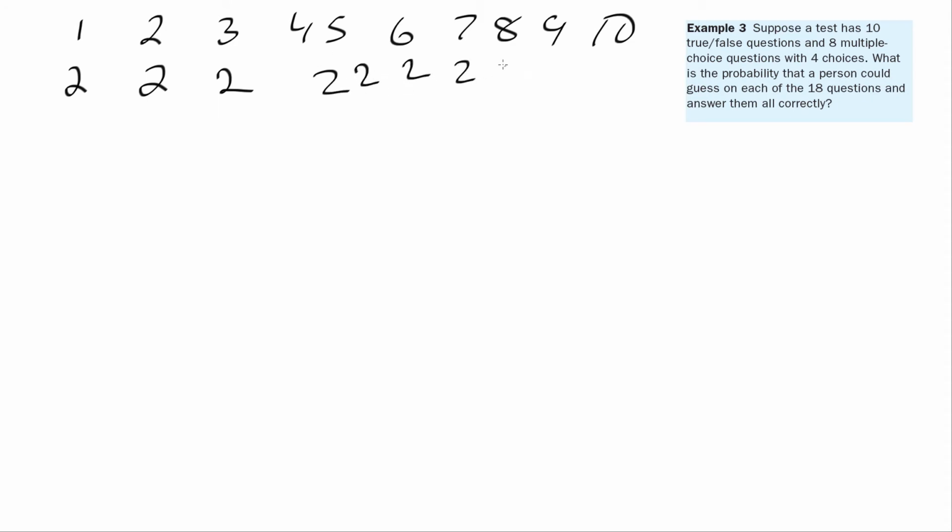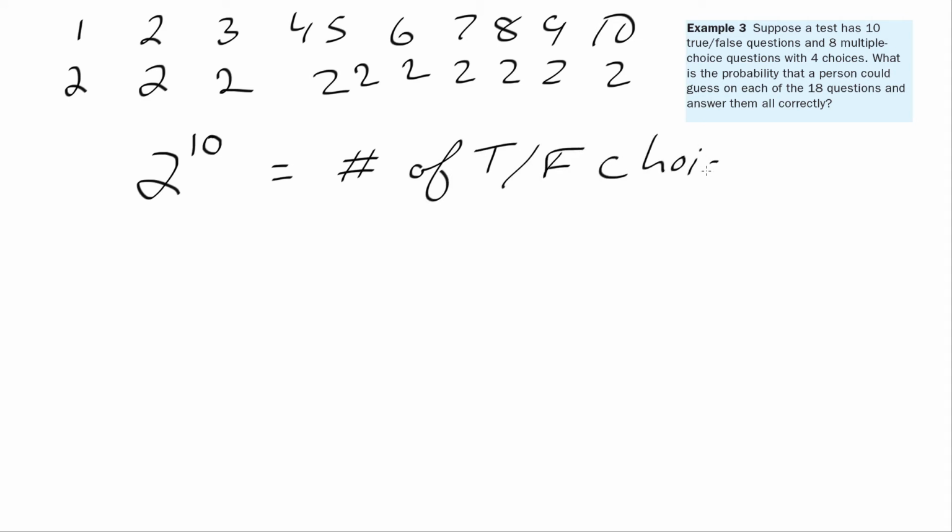So that's how many choices we have, and we count them up. There are 10, and that's going to be repeated multiplication. Repeated multiplication leads us to powers. However many times we repeat that multiplication is our power. So 2 to the 10th power equals the number of true or false choices.